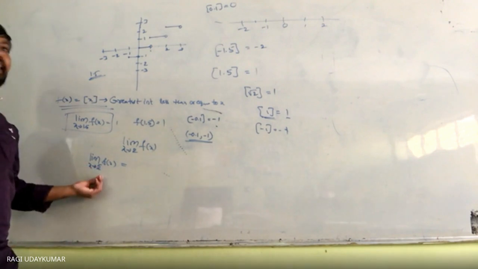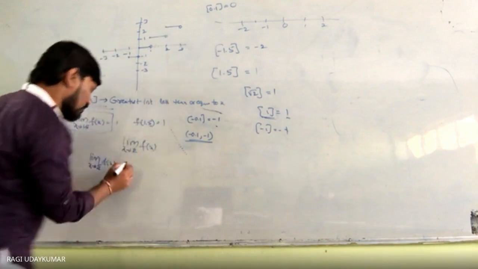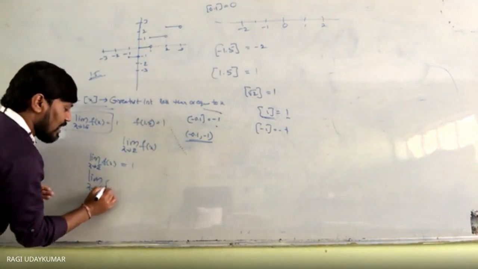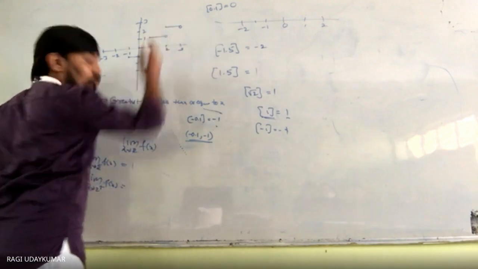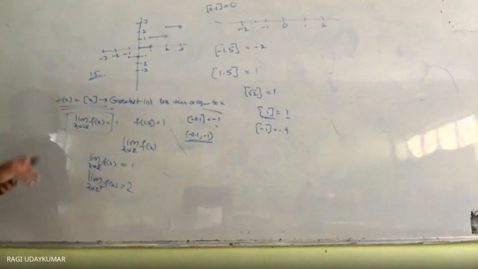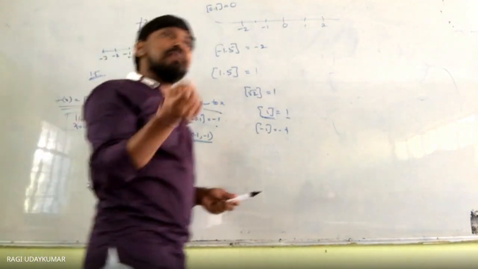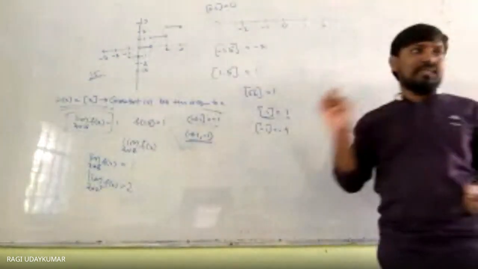The left side of 2, the value is 1. Limit x tends to 2 plus of f of x, the right side of 2, the value is 2. Actually, the limit does not exist. At every integer, the limit does not exist.